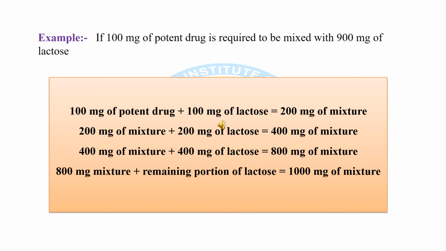Then to the 800 mg mixture, the remaining portion of lactose is added and mixed. So complete mixing of 100 mg potent drug with 900 mg of lactose is done, and the complete mixture is 1000 mg, or 1 gram.